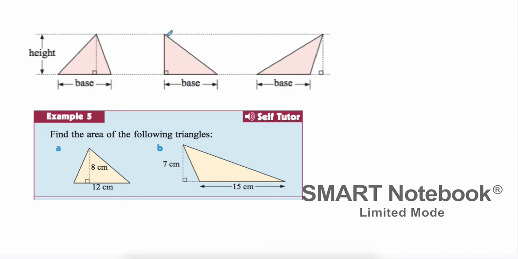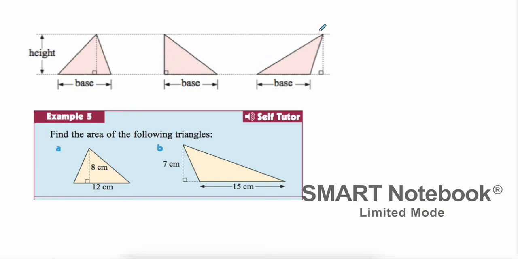Of course, you can always take the hypotenuse as the base. Okay, if you take the hypotenuse as the base, then the height of the triangle then has to be this one. It has to be a perpendicular height. But most of the times, then for easy kind of calculation, then we can take the two sides here, which is attached to the right angle as the base and the height.